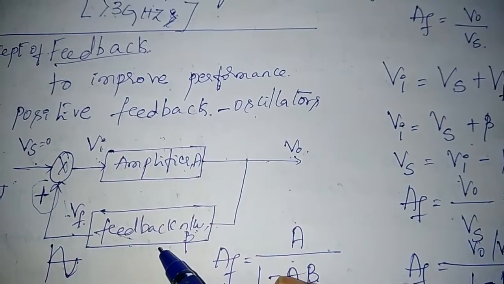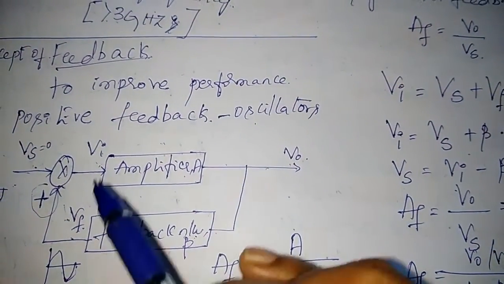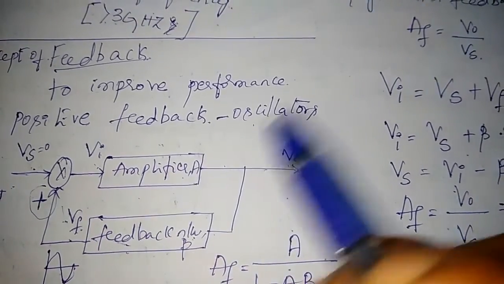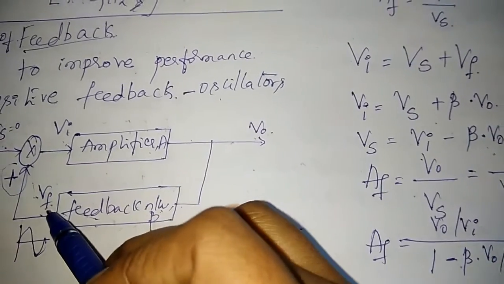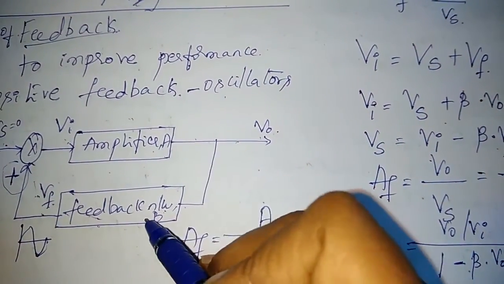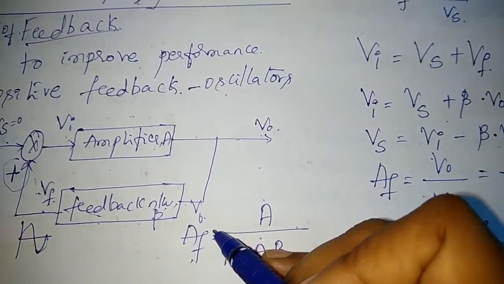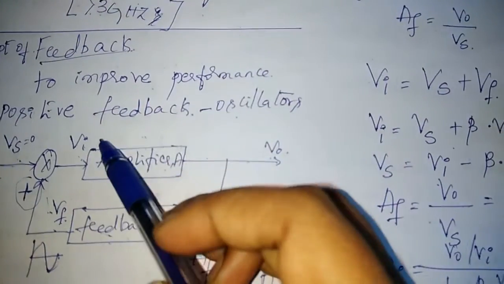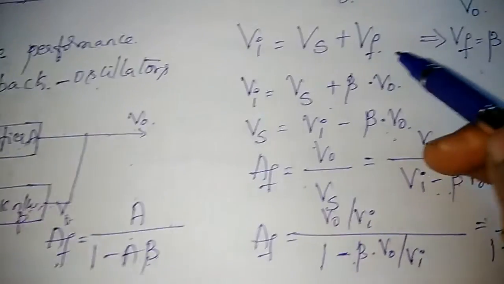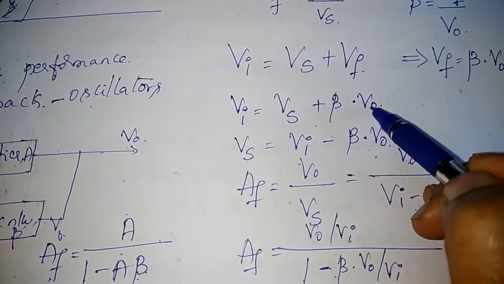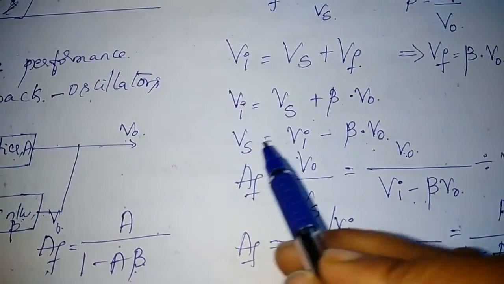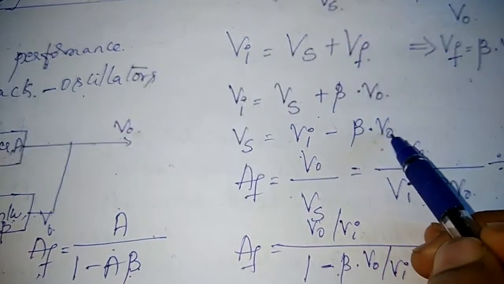From the feedback network, I can write Vf is equal to beta into V naught. Now we substitute that into the Vi equation, so we get Vs is equal to Vi minus beta V naught.